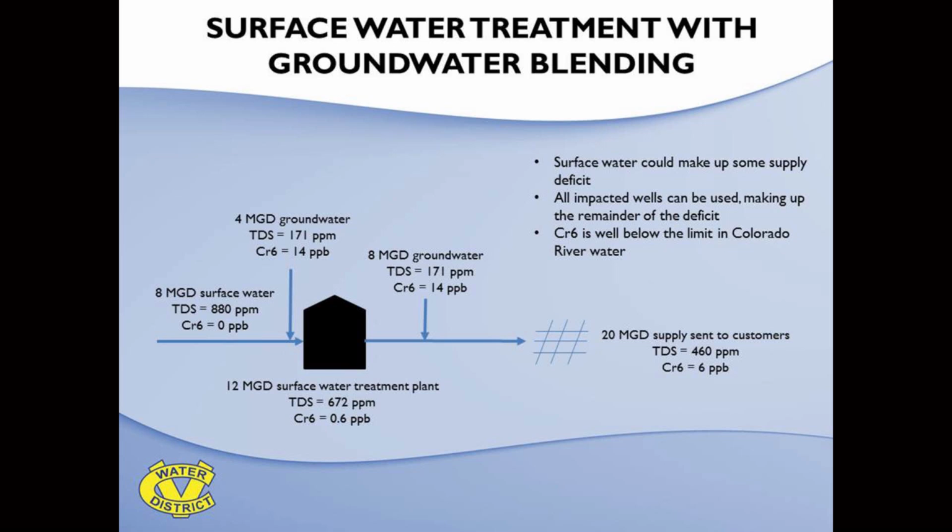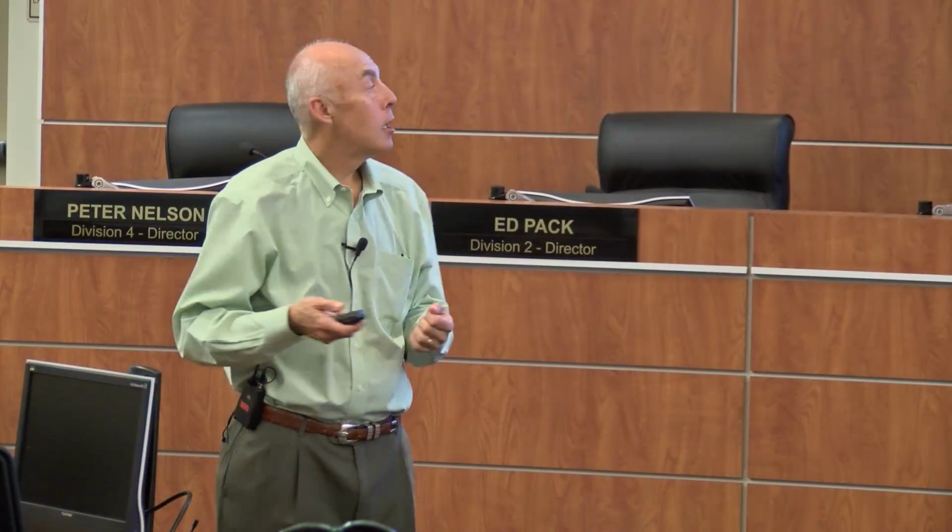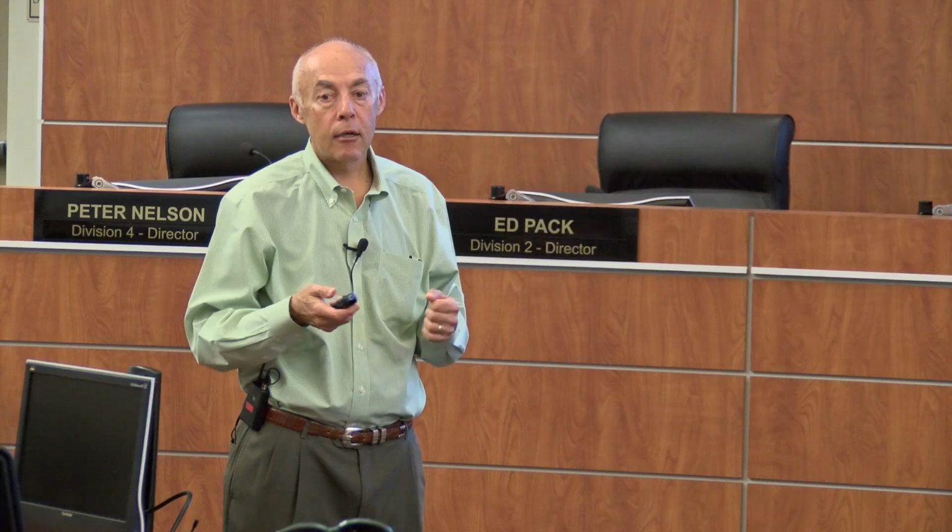Now the other trick is we can bring in 8 million gallons per day of groundwater that also has a chromium level of 14 parts per billion. So we're blending it back in. And the result is a 20 MGD facility that has a chromium level of 6 parts per billion. So by treating surface water and groundwater and blending back in, we're very efficiently dealing with the chromium standard.